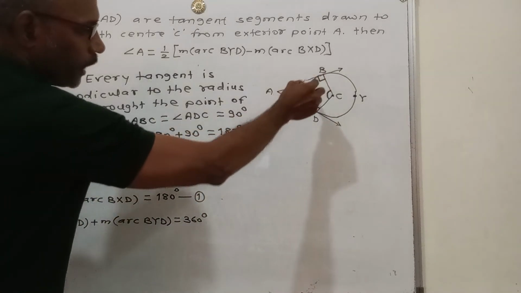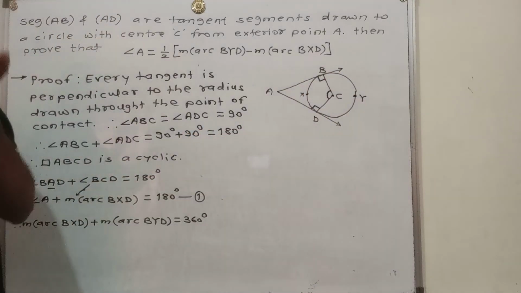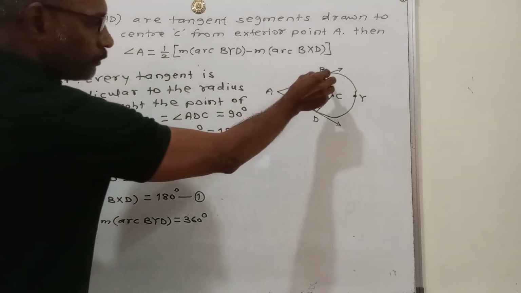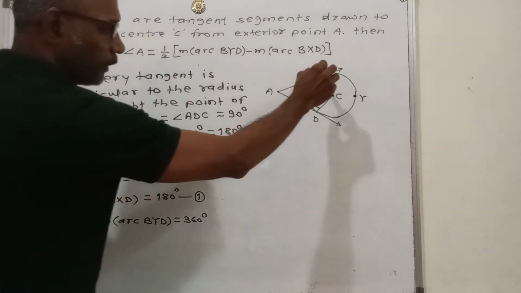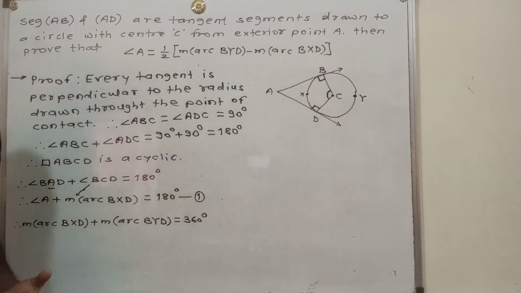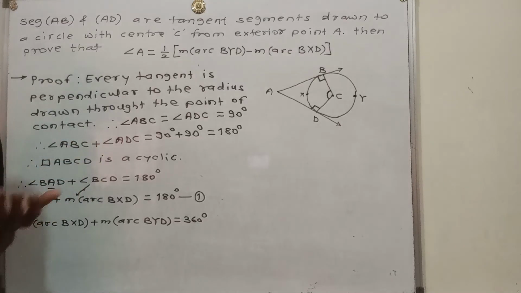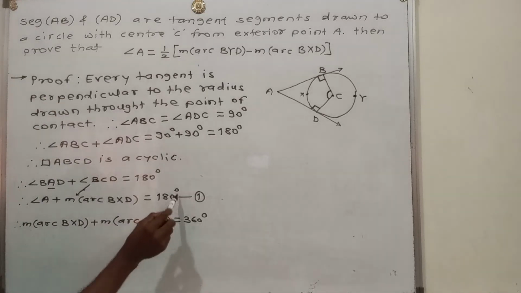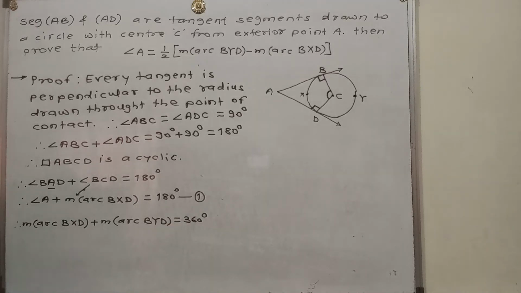With the help of arc BXD and arc BYD, a circle is formed, and the angular measure of a circle is 360 degrees. Very simple. Now we want here 180 degrees.